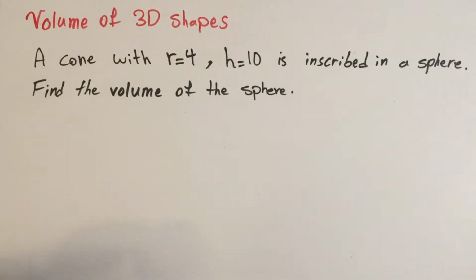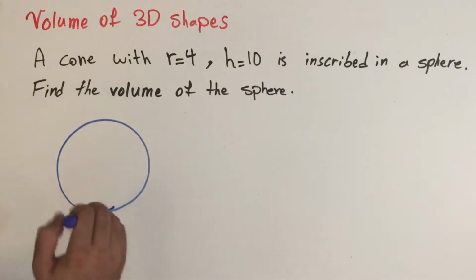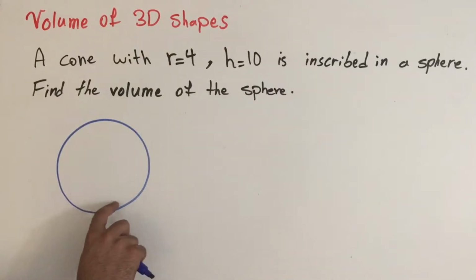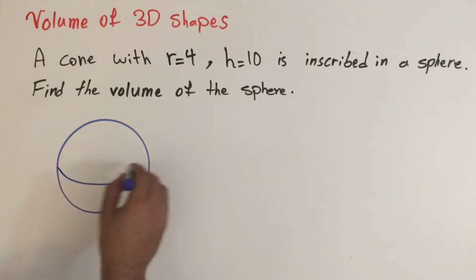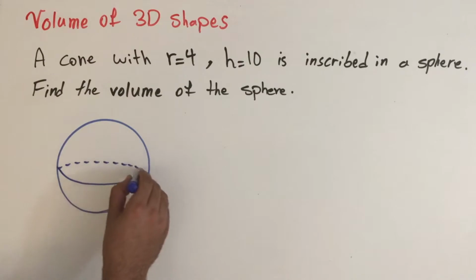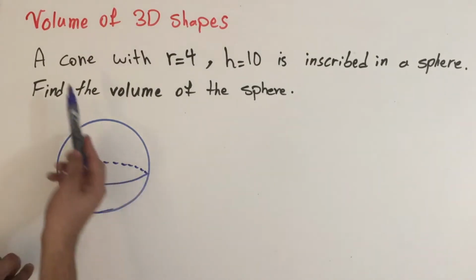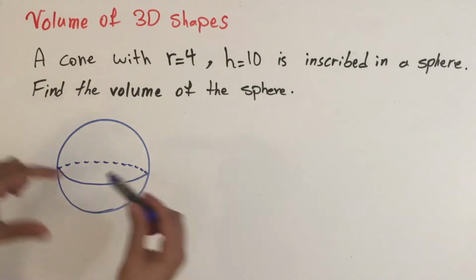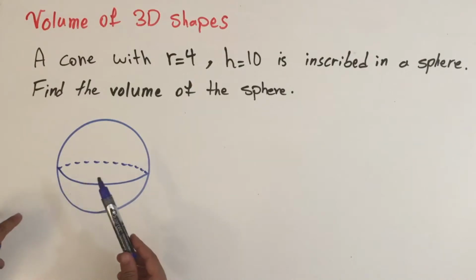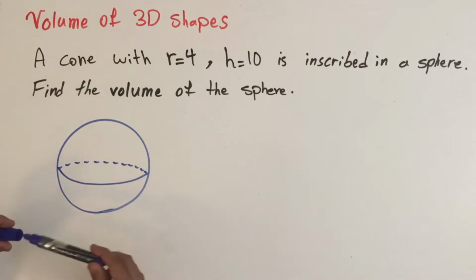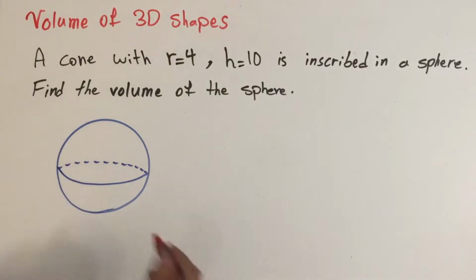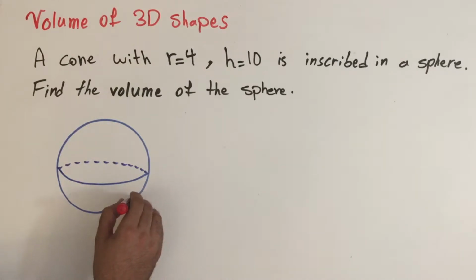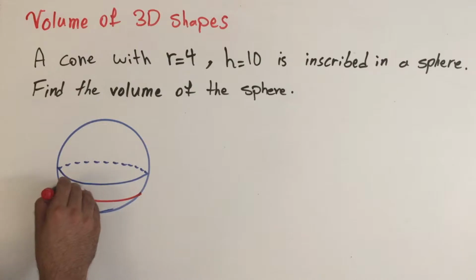So let's say we have a sphere and we don't know the volume or the radius of the sphere, so this is my sphere, and we have a cone inscribed in this sphere. So we have to sketch the cone, which would be something like this.